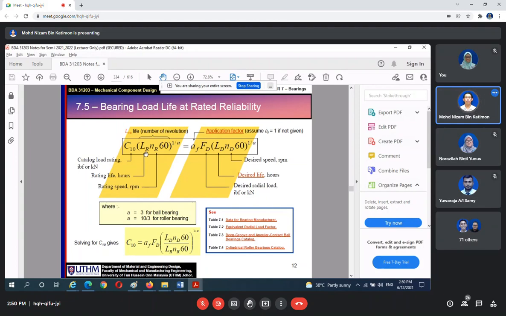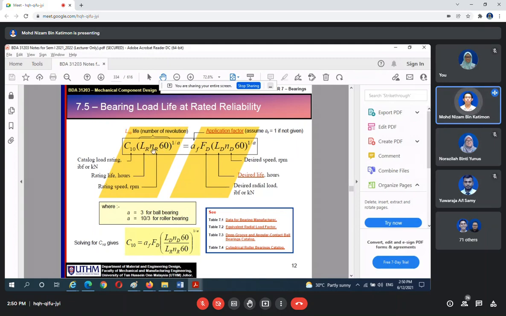Then R is from the catalog. L refers to life, rating life, and speed in RPM. Life is the number of revolutions.